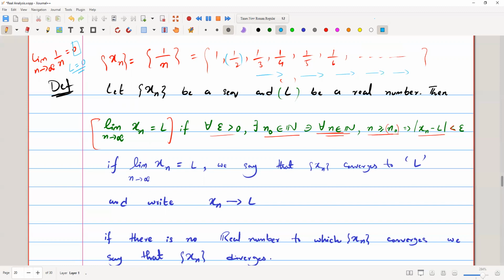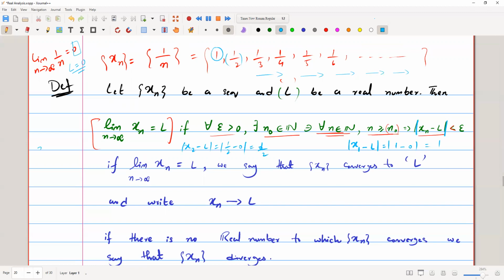We are taking all the elements of the sequence. For instance, if I take x1 minus L, I get 1 minus 0, that is 1. And when I take x2 minus L, x2 is half, so half minus 0 is half.